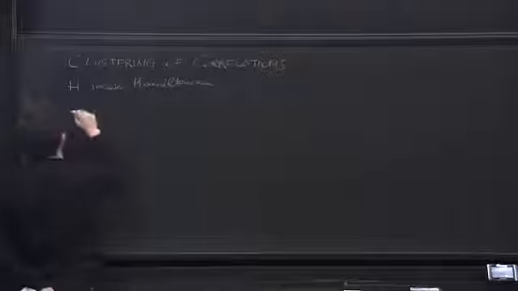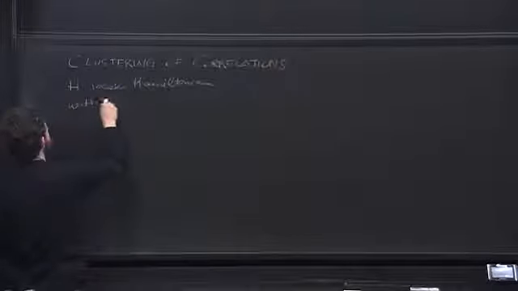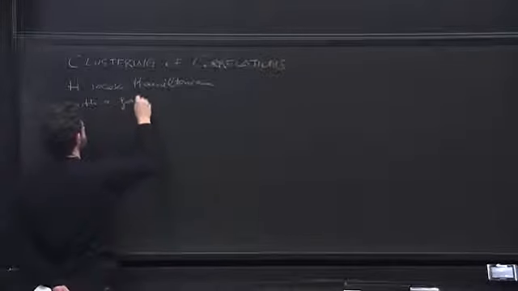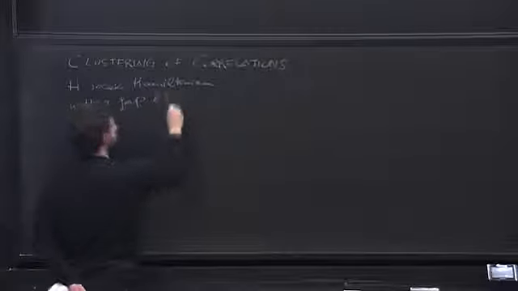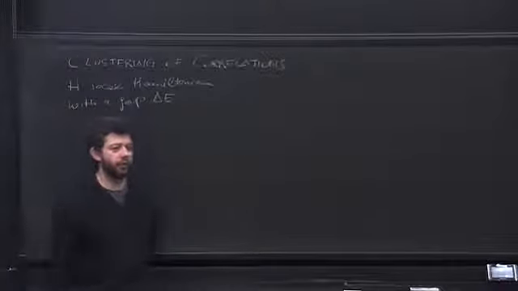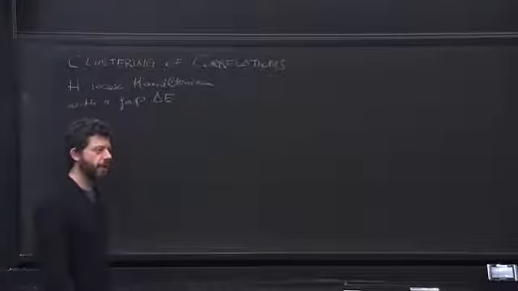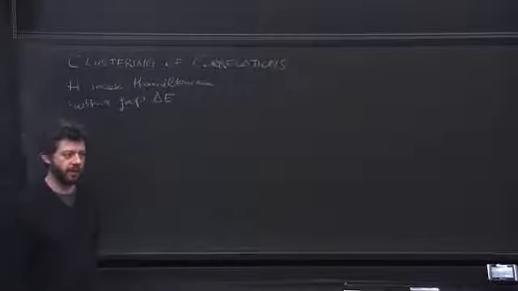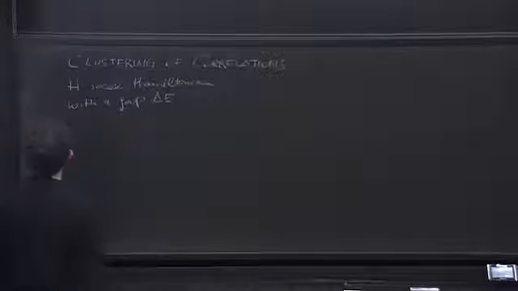Namely, this fact that we have mentioned many times, that if we have a local Hamiltonian with a gap about the ground state, which also means that the ground state is unique, right? Because you can see the degeneracy as a gaplessness.